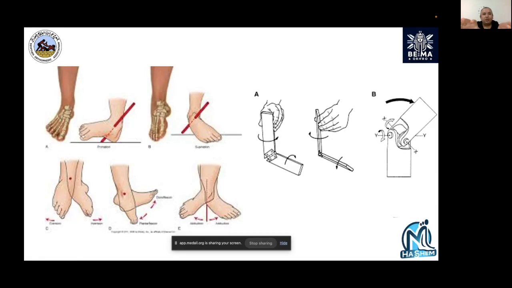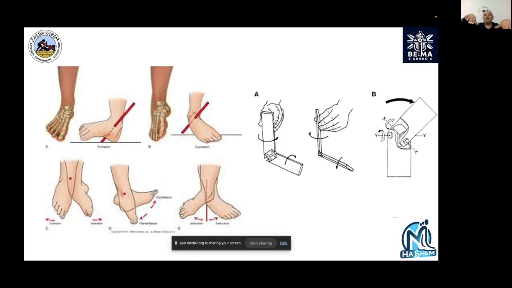Joint-wise, bony movement, ignore the muscles and tendons. Bony-wise, talus in plantar flexion loosens the ankle, slides in the posterior facet, heel goes into varus, medial facet allows the midfoot to plantar flex, and the anterior facet allows the talus and the whole foot to go into adduction. Other way around, talus up, dorsiflexion, tightens the ankle, heel starts to move into eversion, middle facet allows the midfoot to go up, and then the anterior process allows the forefoot to go out.